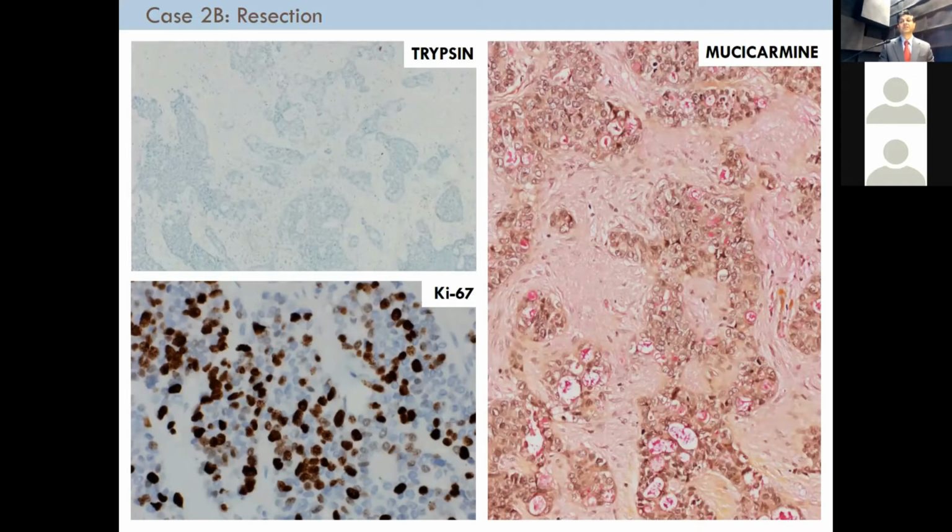But as you can see over here, this is a mucicarmine stain, which shows scattered mucicarmine positive cells and glandular elements that again appear to be very intimately intermixed with the solid neuroendocrine component. Ki-67 was performed again to grade the neuroendocrine component, and it was greater than 50%, consistent with neuroendocrine carcinoma.